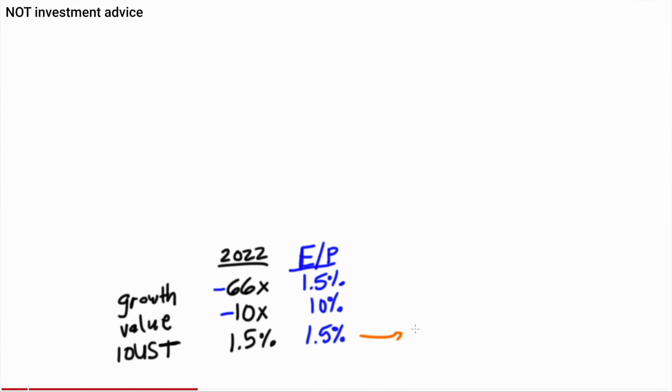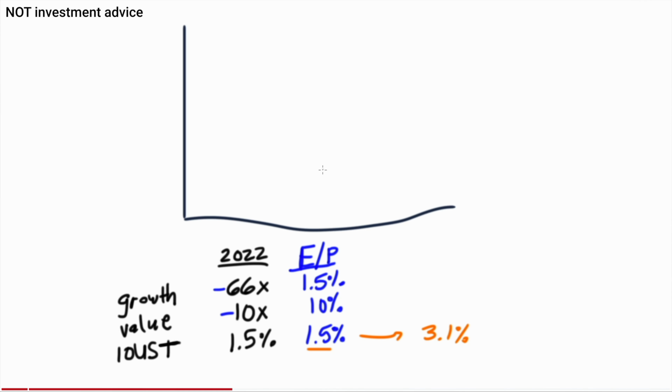So what happens if we make the 10-year US Treasury go from 1.5% to 3.1%? How will that affect the earnings yield of each one of these stocks? Let's create a bit of a chart. Here we go. So we've got on one chart yield, and on this chart we've got time.